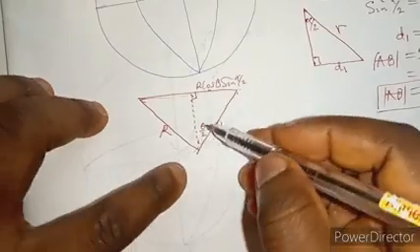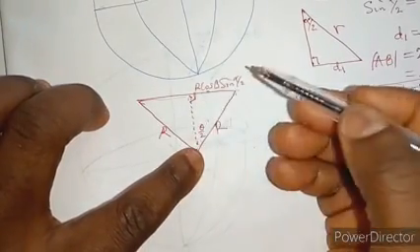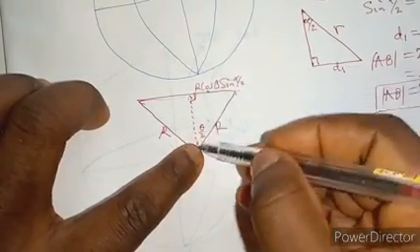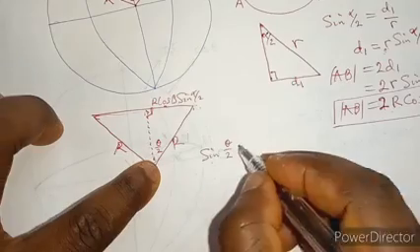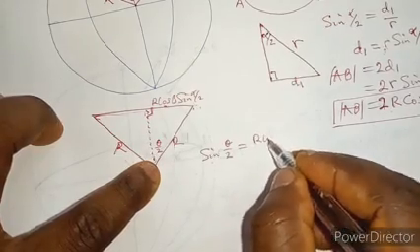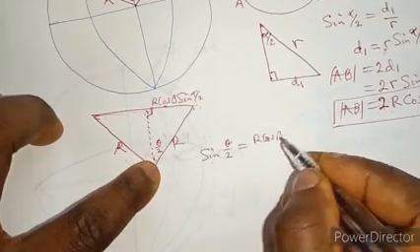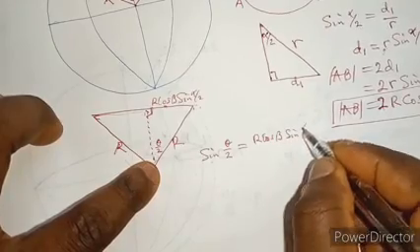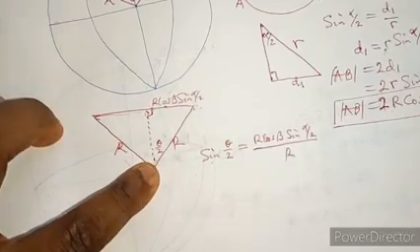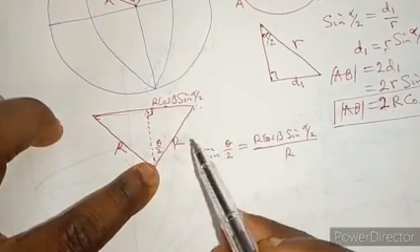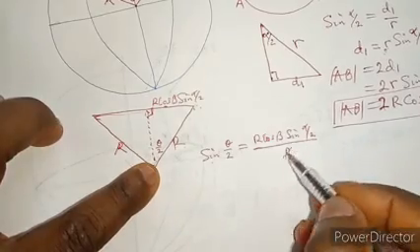So using trig ratio, opposite over hypotenuse, that will give me sine theta over 2 will be equal to R cos beta sine alpha over 2 over R, opposite over hypotenuse. So this R has cancelled this R.